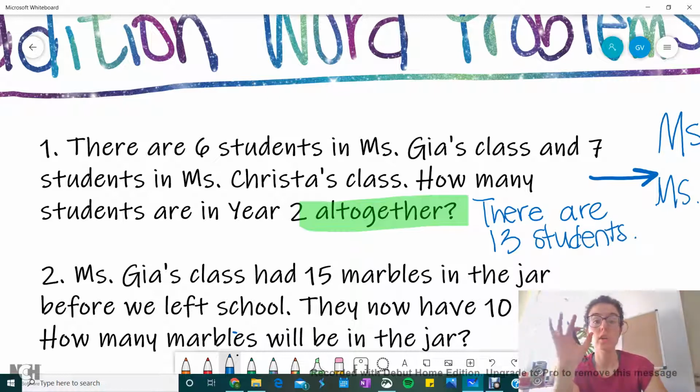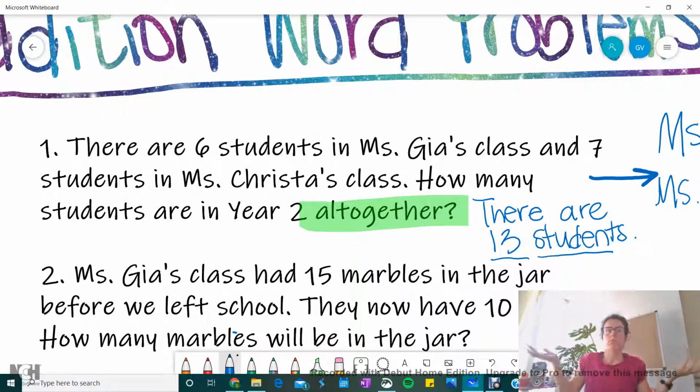That is our full final answer. There are 13 students. Because that way we give the number, the final answer, and we tell them what we are counting. Because if you just say there are 13 what? 13 goldfish? 13 teachers? So we need to say there are 13 students, period.